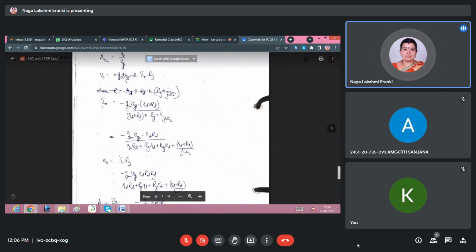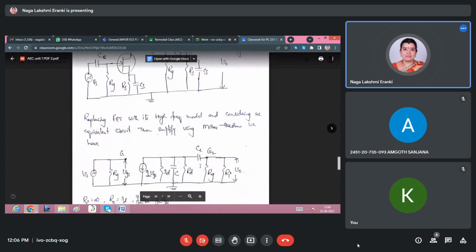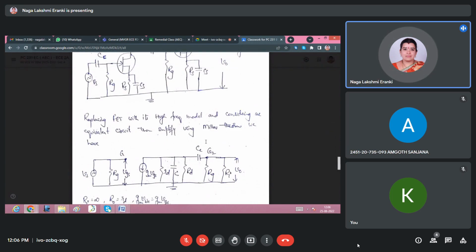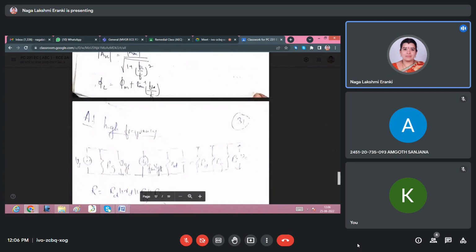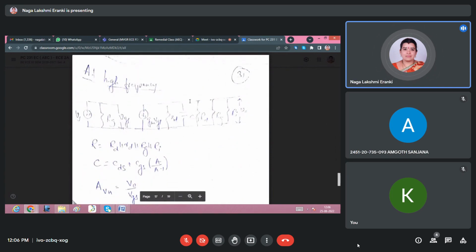So at high frequency, what happens? At high frequency, this capacitor CC is short circuited in the given circuit, and capacitor C is present. Since everything is in parallel combination, we take the parallel combination of RI, RG, RD and RD.